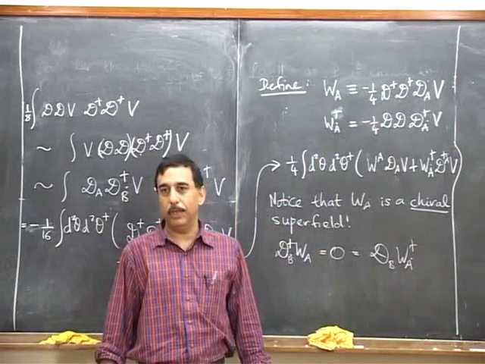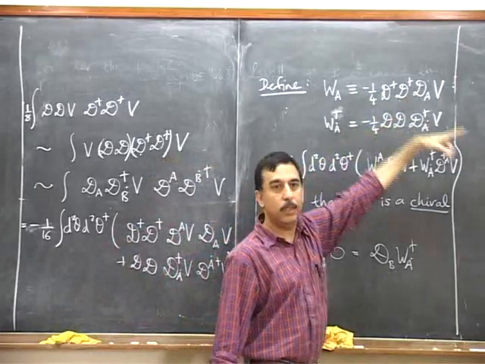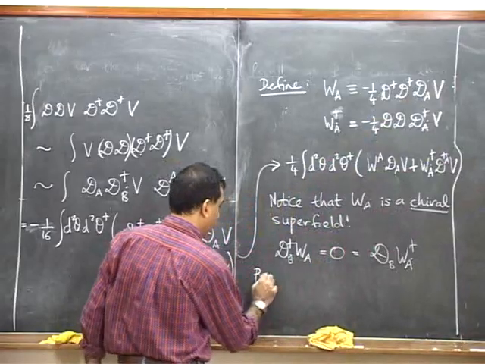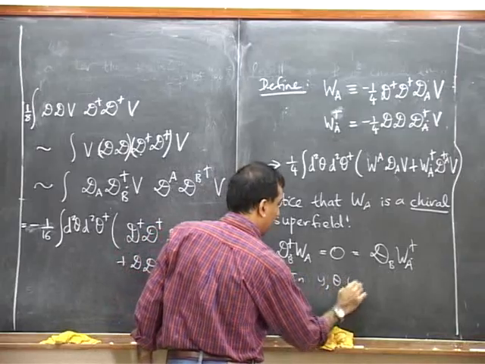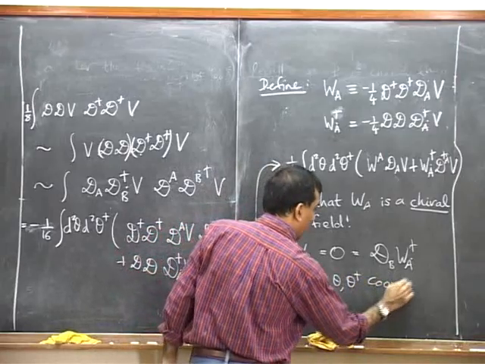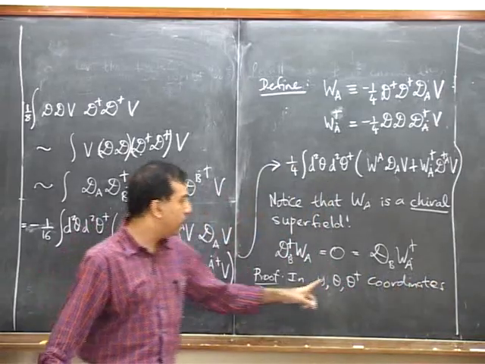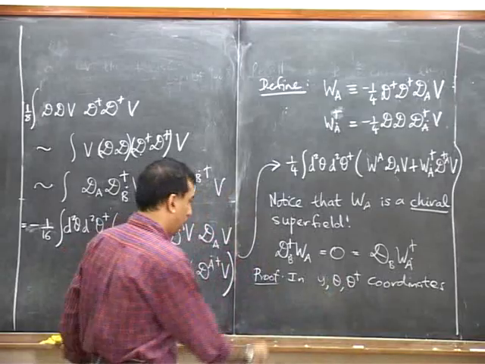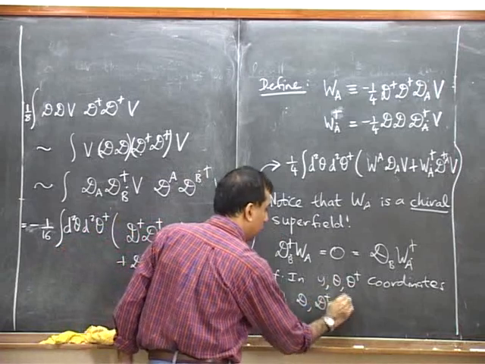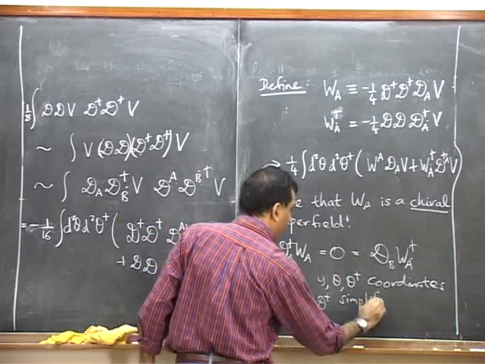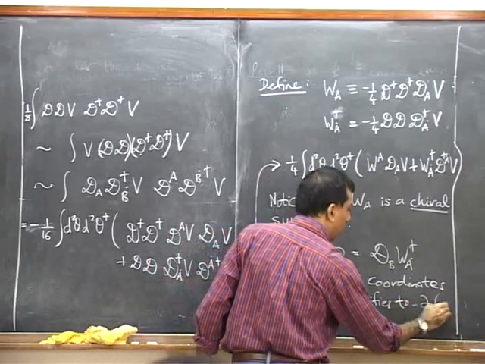It just becomes a pure D by D theta. So in that case, of course, 3 of those will certainly give you 0. So the proof is in y theta theta dagger coordinates, which means we vary y, theta and theta dagger independently, where y is that particular shift of x. One of D or D dagger simplifies to D by D theta or D by D theta dagger.